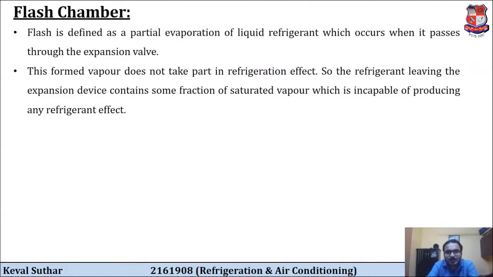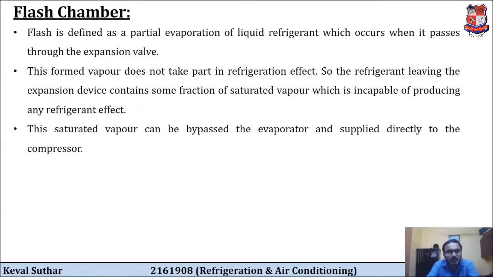So the refrigerant which is leaving this expansion device contains some fraction of saturated vapor which is incapable of producing any refrigeration effect. So this saturated vapor can bypass the evaporator and be supplied directly to the compressor.